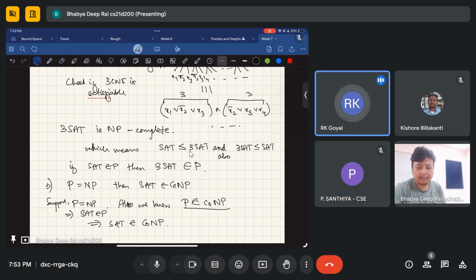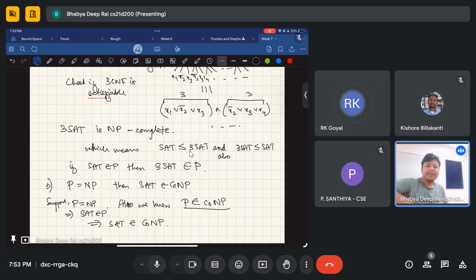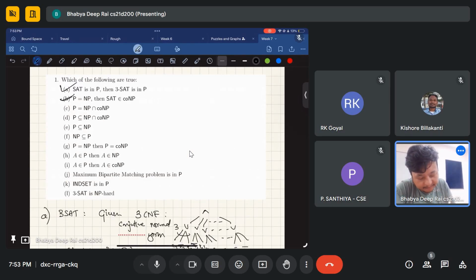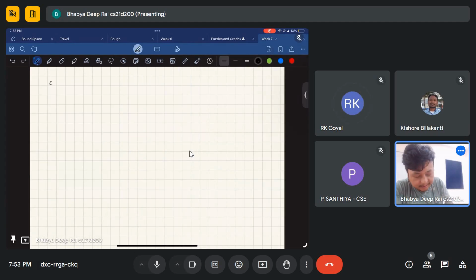Otherwise, also P is equal to coP. Yeah, that is another way to do it. Okay, and P is equal to NP intersection coNP. We don't know. Right, I already said P equals NP intersection coNP, not yet.